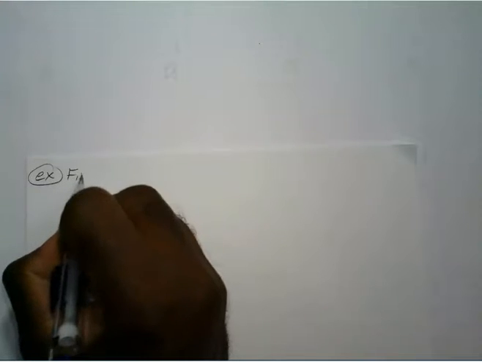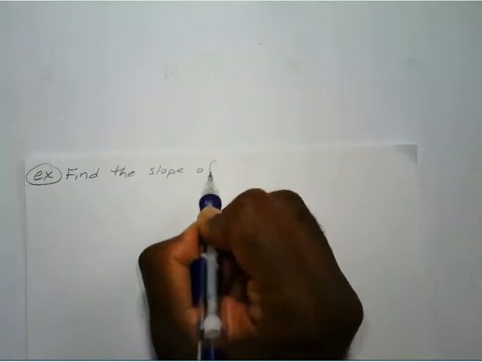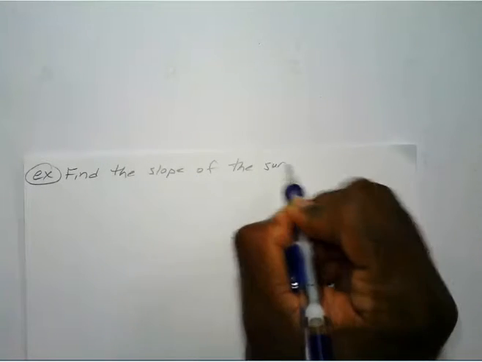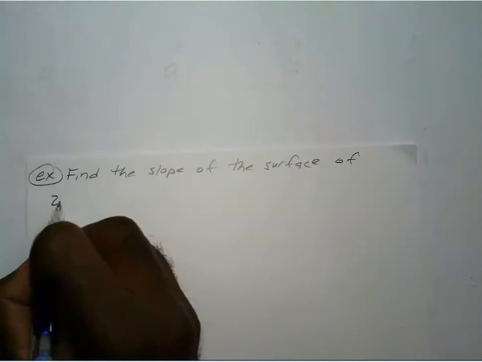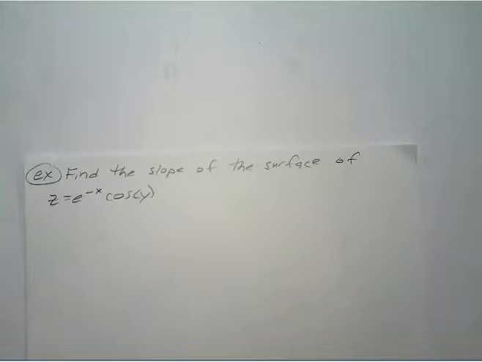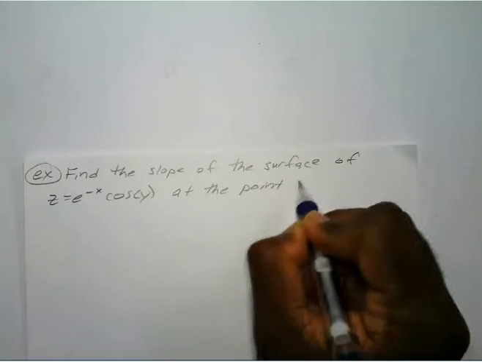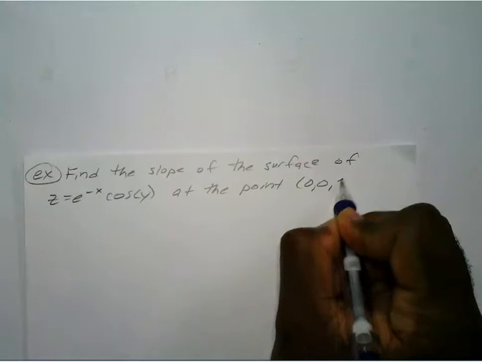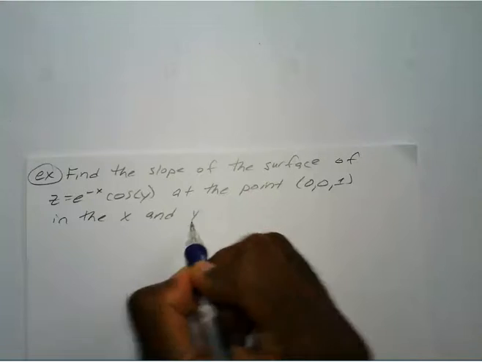All right, so for example, what if we wanted to find the slope of the surface of z equals e to the negative x cosine of y at the point 0, 0, 1 in the x and y direction.